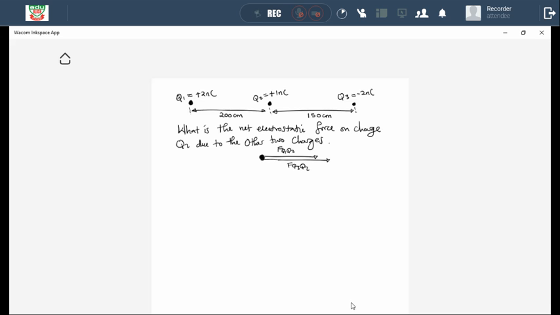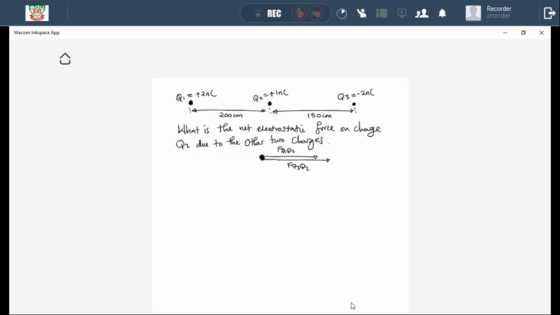Right. Let me emphasize the issue of direction because I know that's where most of our learners will have a challenge. We draw a free body diagram and the dot represents charge 2. Right. So we look at the relationship between charge 1 and charge 2. They are both positive, repulsion. Charge 1 will go to the left. We worry less about it. Charge 2 will go to the right.